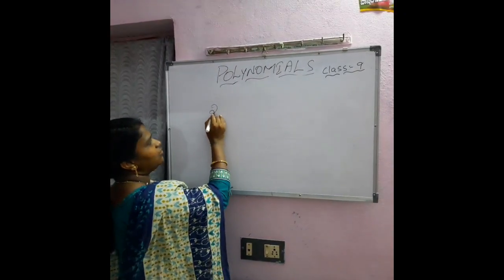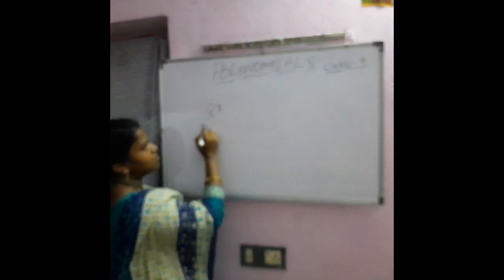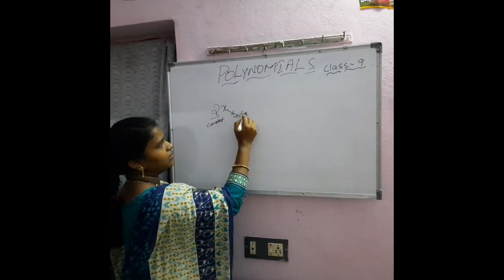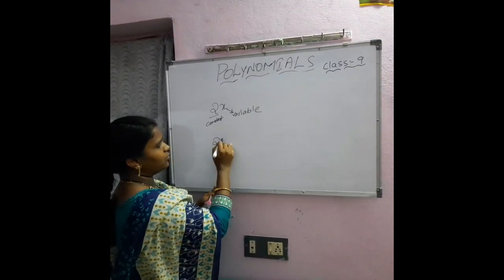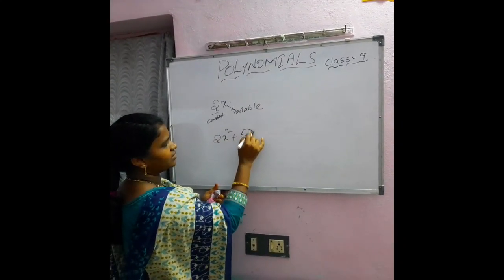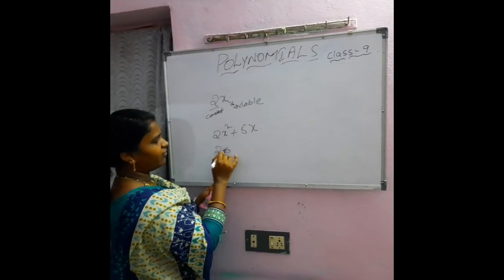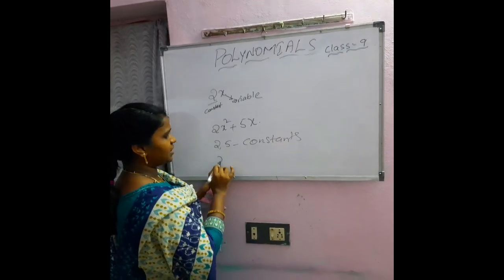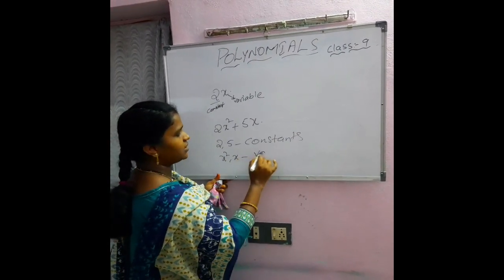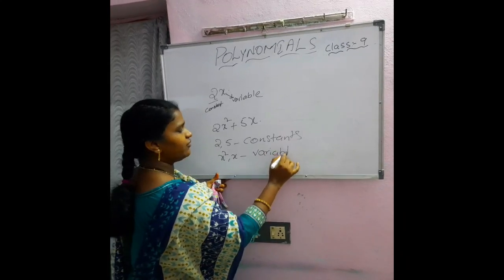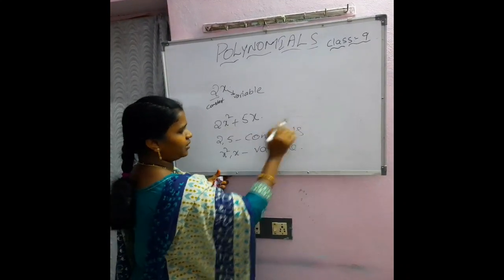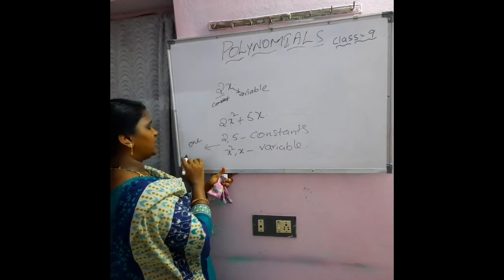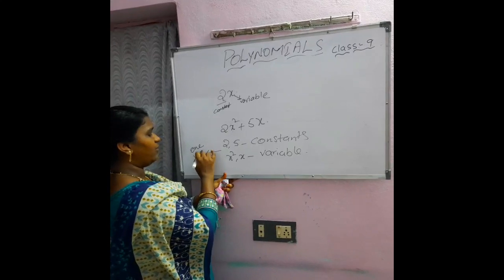So if I take 2x, here 2 is a constant and x is a variable. Let us take one more example: 2x square plus 5x. If you observe here, 2 and 5 are constants, whereas x square and x are variables. Here x is common. That means it is a polynomial in one variable. We can say that it is a polynomial in one variable.